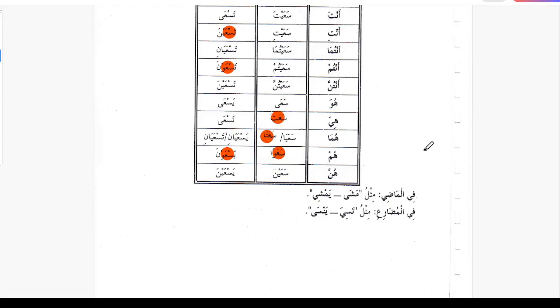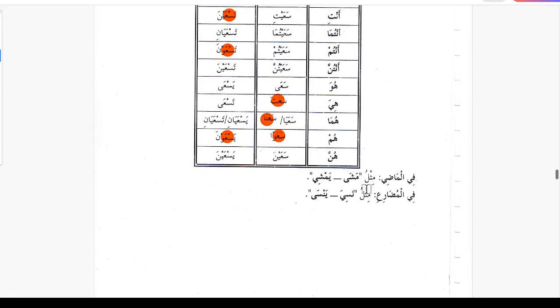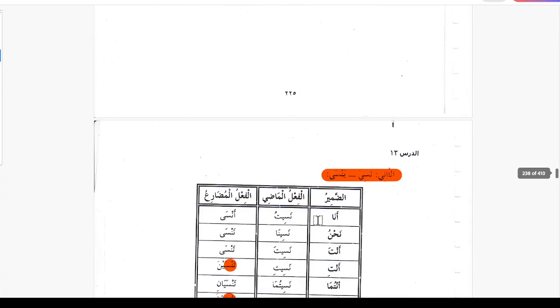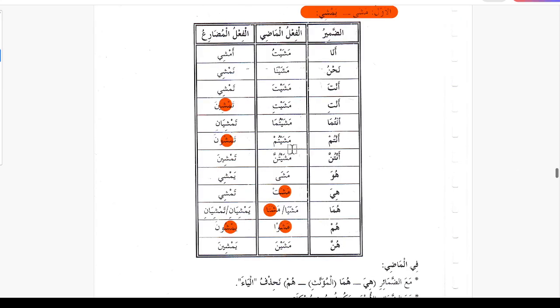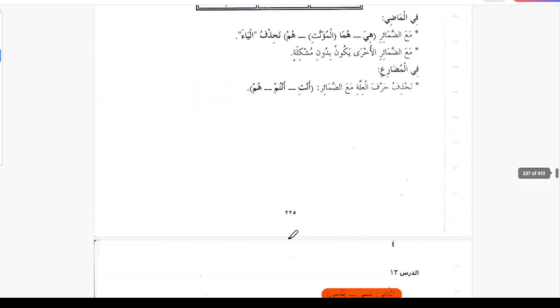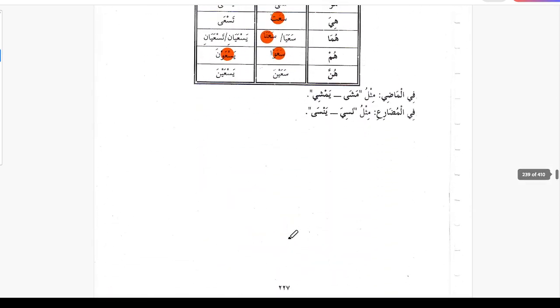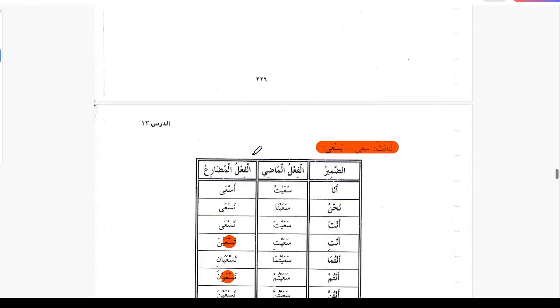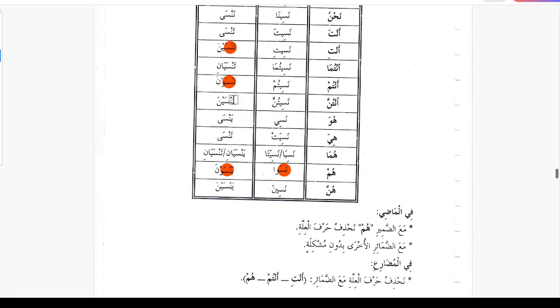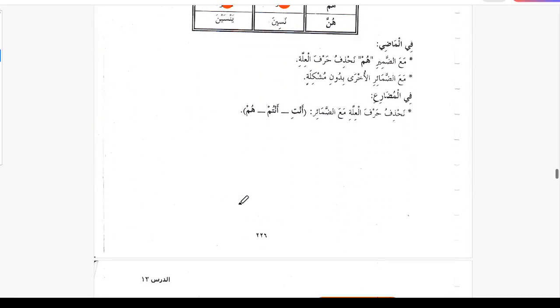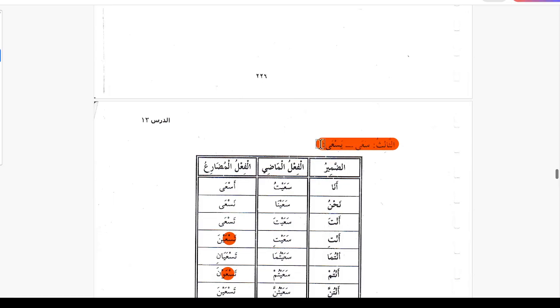So this is how fail madi works like masha yamshi, and fail mudare like nasiya yansa, which we have seen here. In these three cases, the harful illa is omitted.